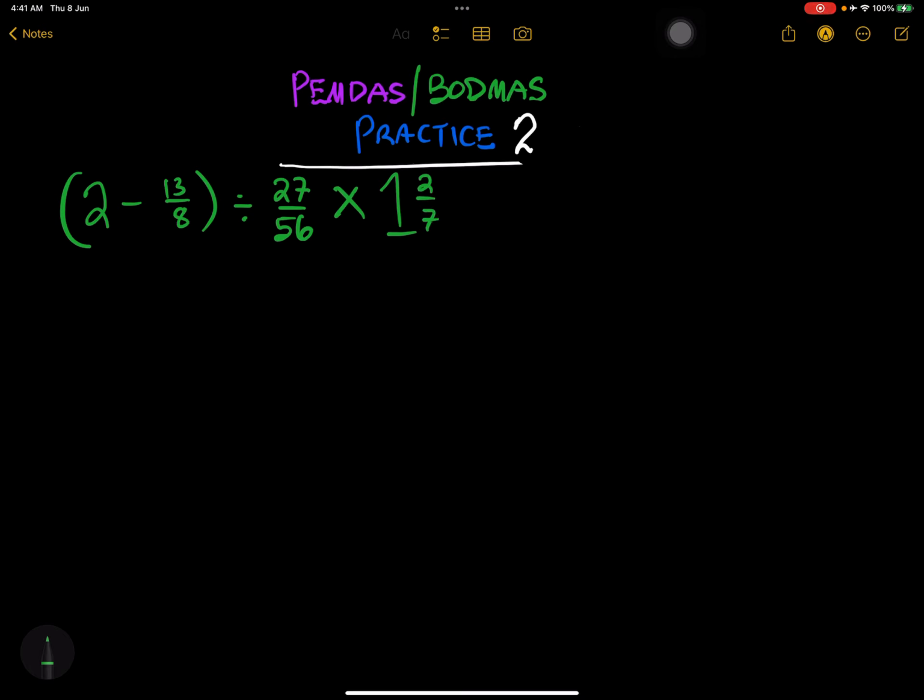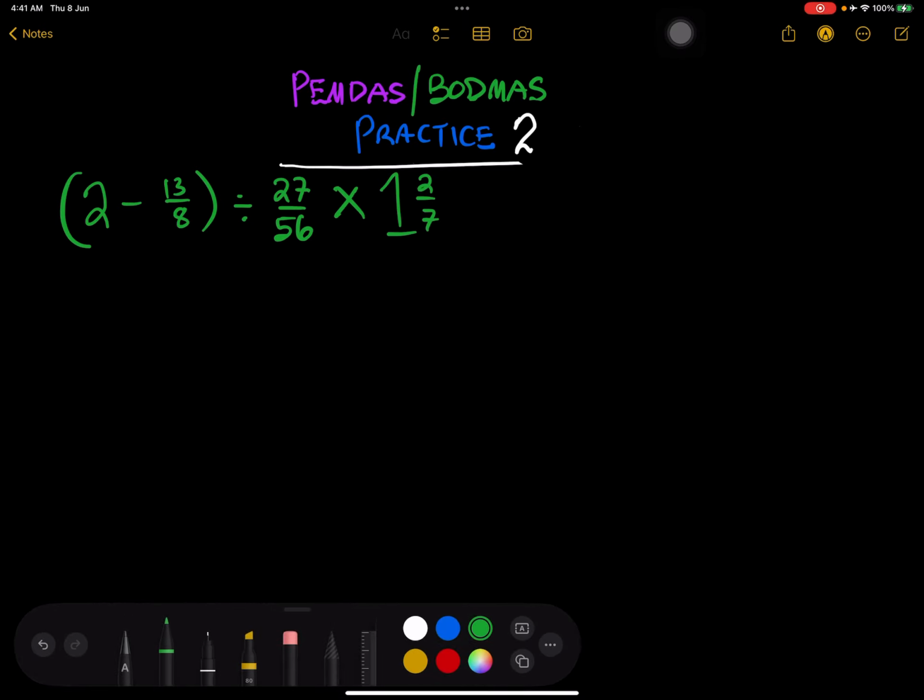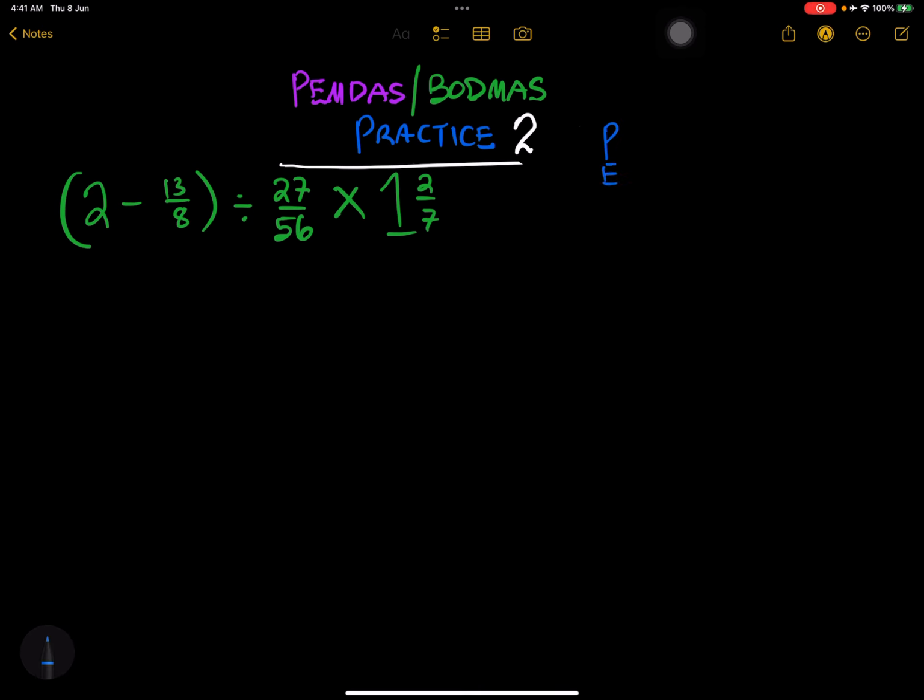So let's imagine this for a second. We're going to still use what we said: PEMDAS, this is parentheses, this is power, this is multiplication, this is division, this is addition, this is subtraction.